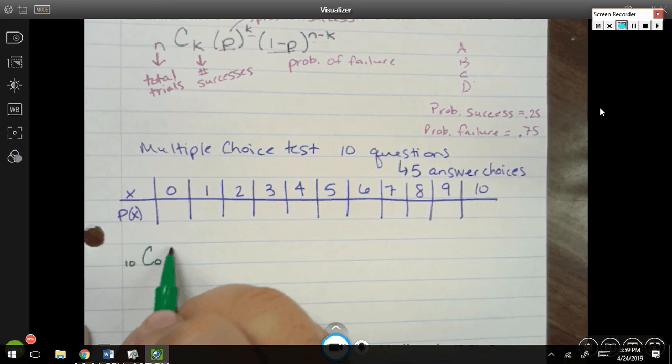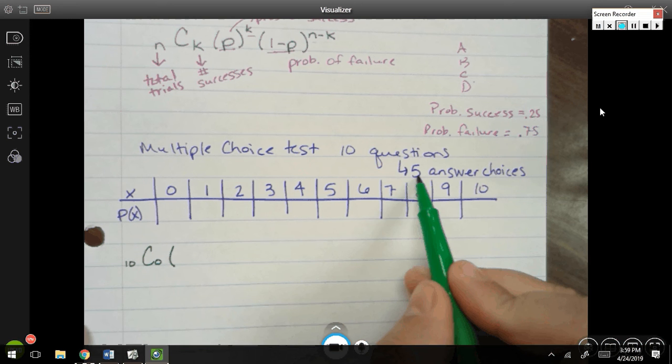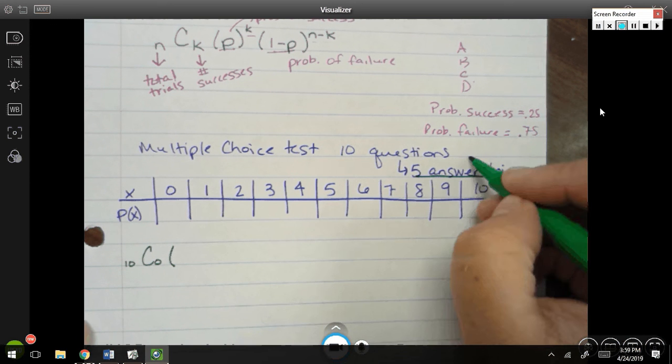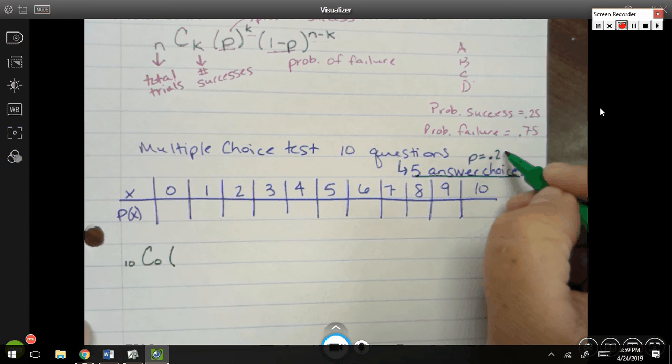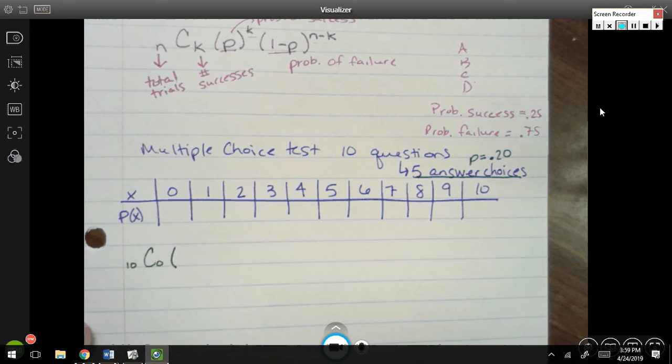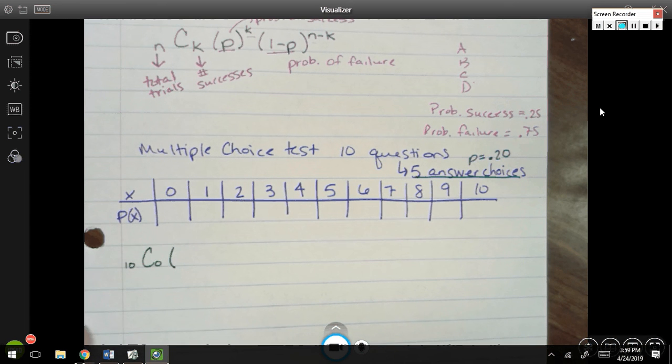This time I've got 5 answer choices, so my p in this case is going to be 0.20. A 20% chance of choosing the right one rather than 25%. So my odds are a little bit lower, but that's okay.